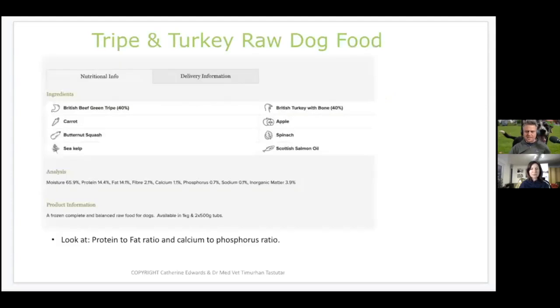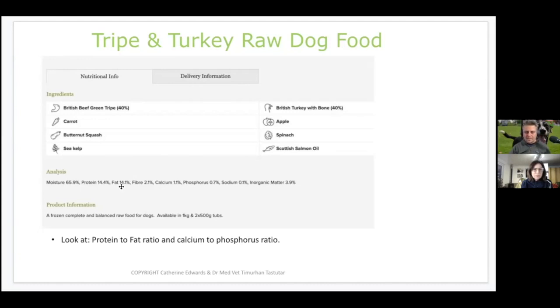Here we have British beef, green tripe, carrots, butternut squash, sea kelp, British turkey, apple, spinach, and Scottish salmon oil. As you can see, none of these are lab made. These are all natural things that are coming into the food. That's why they are called ingredients.